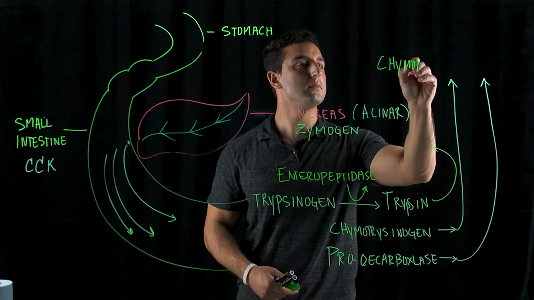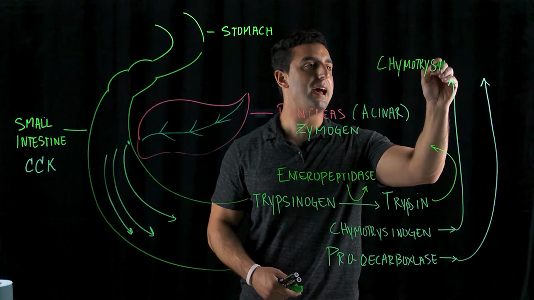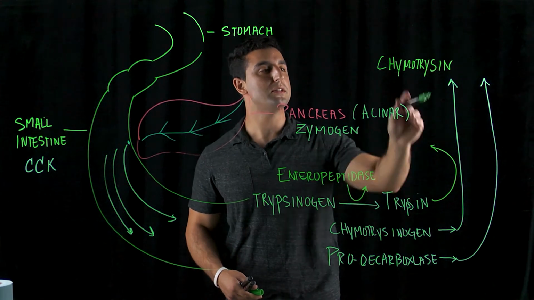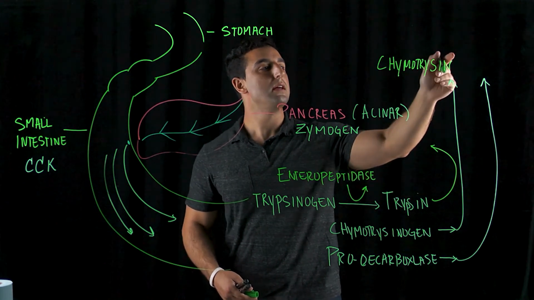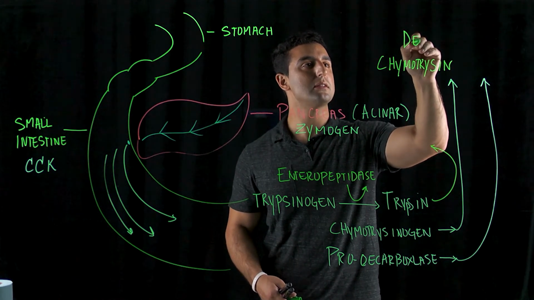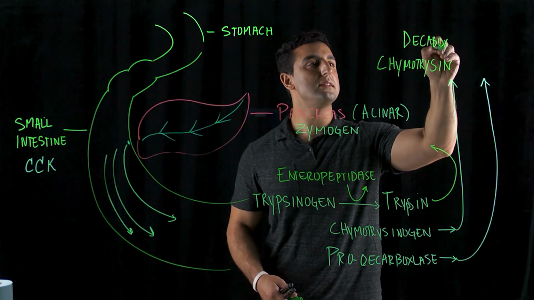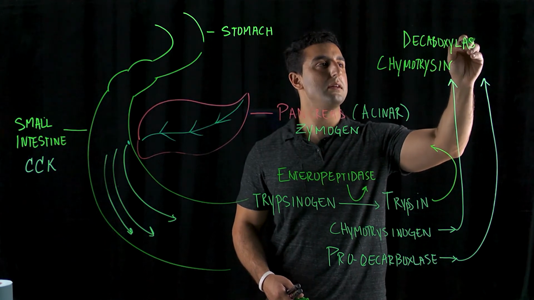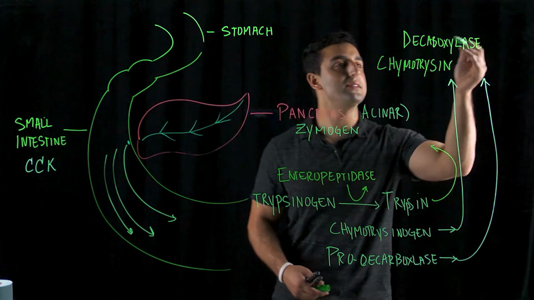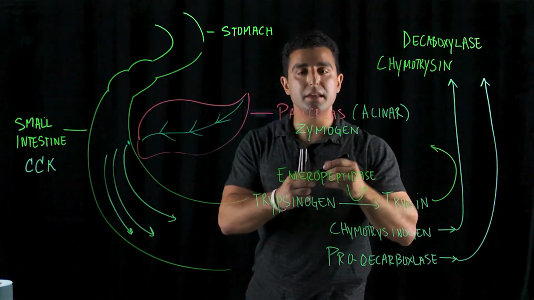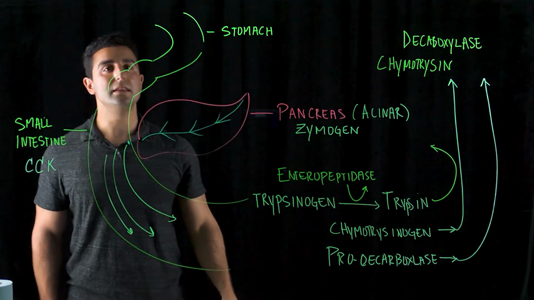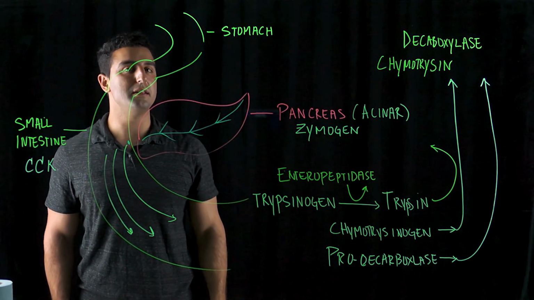So chymotrypsinogen gets cleaved by trypsin to give you chymotrypsin, another protease that's active. And this other enzyme here is called carboxypeptidase. This is another enzyme that was inactive, a zymogen, and now it's active. Now it can actually go in and cleave the peptide bonds in any physiological processes involving proteins.